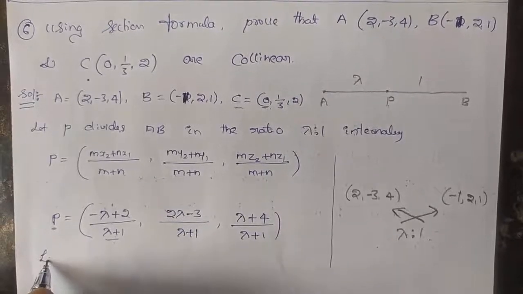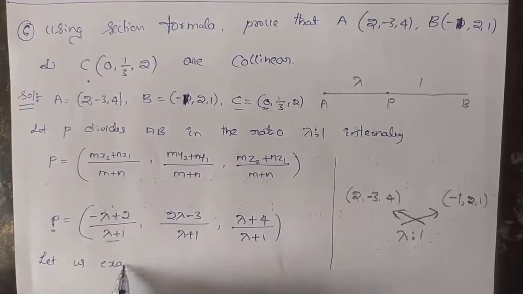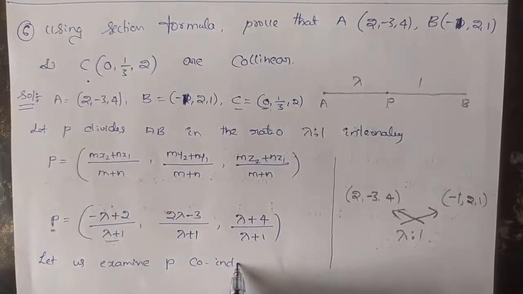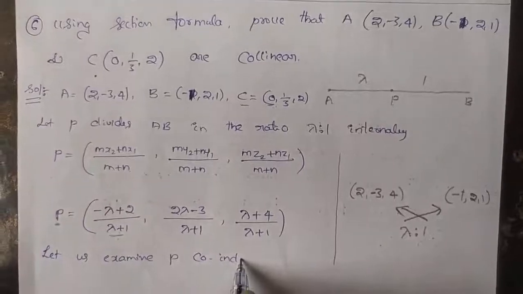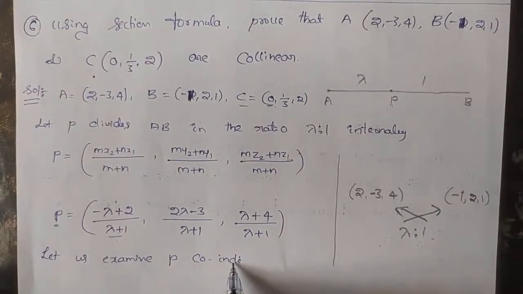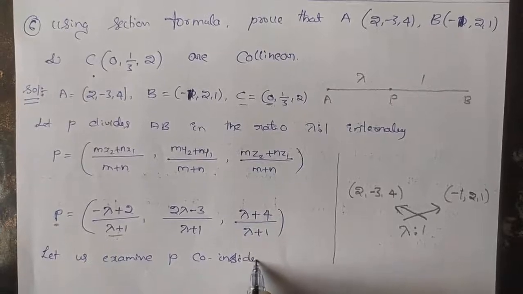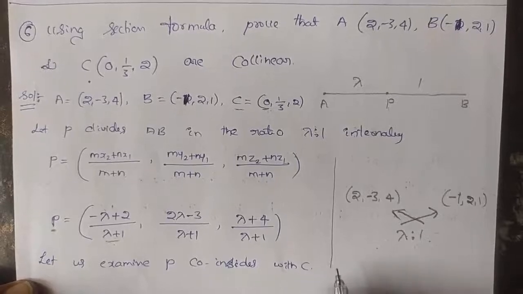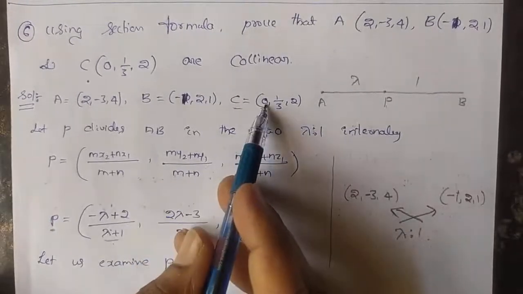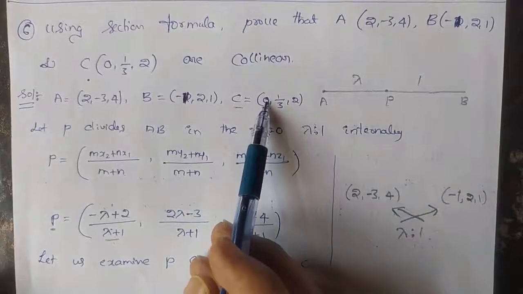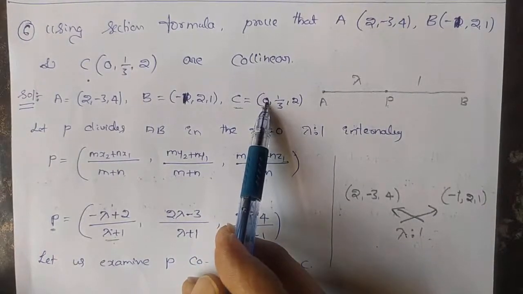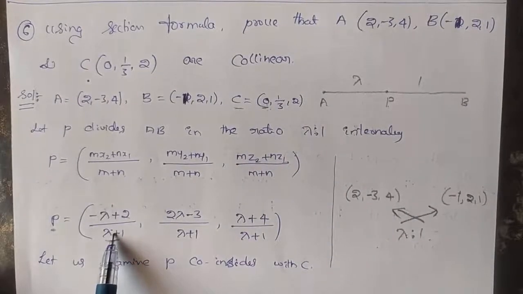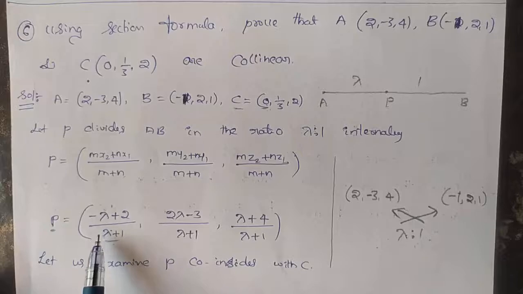Let us examine: P coincides with C. Let us equate the x coordinate. In the point C, the x coordinate is 0. At the point P, the x coordinate is (minus lambda plus 2) by (lambda plus 1).